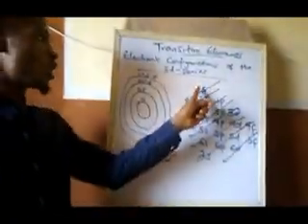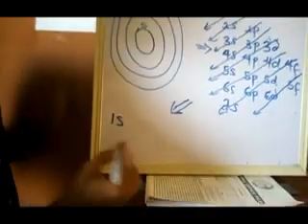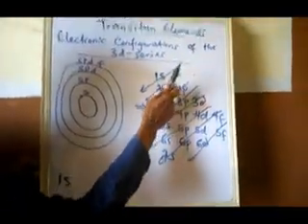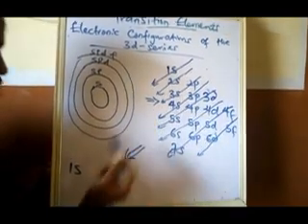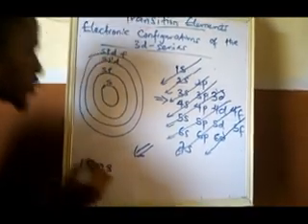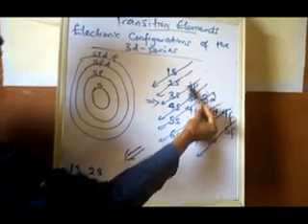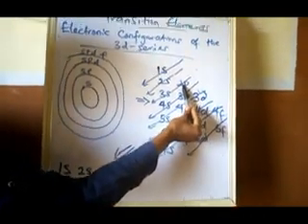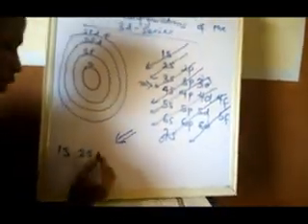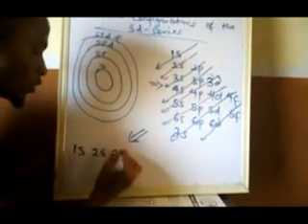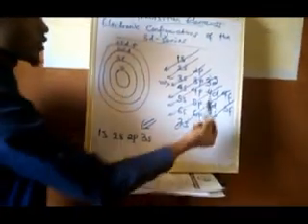Using these traces, our first trace is the 1S. Our second diagonal trace is 2S. Then the next trace is 2P, 3s. We have it as 2p 3s.